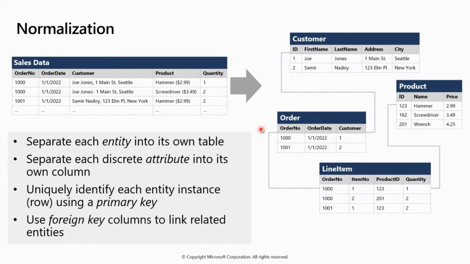So what is normalization? For any data, normalization is very important. On my left-hand side, this is the sales data, which is not organized well, and it is hard to get the information out of it.